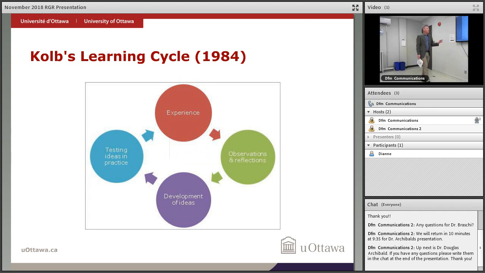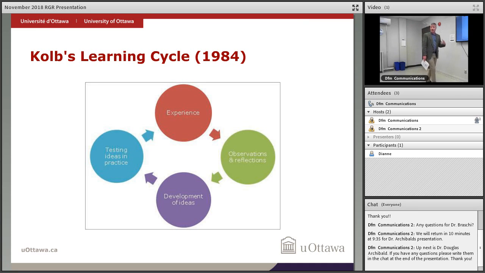Now, what I'd like to do is look at the work of David Kolb, who, as you can see, came up with Kolb's learning cycle in the 1980s. And actually, you can see many similarities to Dewey's work at the turn of the century.